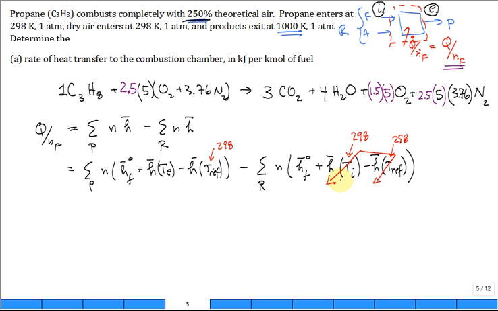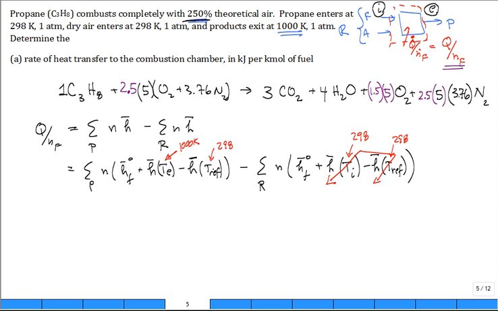Unfortunately or fortunately, this problem, it's exiting at 1,000 Kelvin. So I have to get the molar enthalpy of each of the products, the CO2, the H2O, the O2, and the N2 at 1,000. Likewise, the molar enthalpy of each of the products at 298, and take that difference.